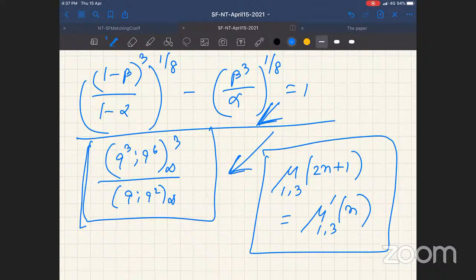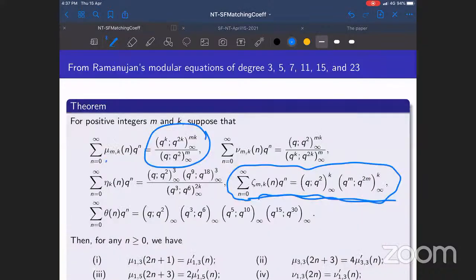So we found the other results, which are mu of mk, which we define like this. If k equals 5, we get another Q product, which is coming from a modular equation of degree 5. Okay. So for 3 and 5 we got here, and here also 3 and 5.